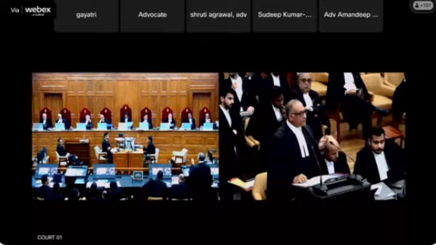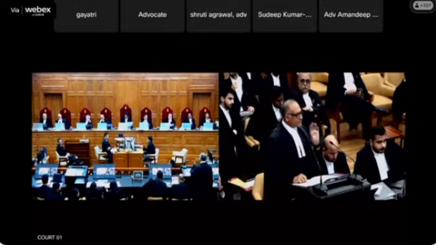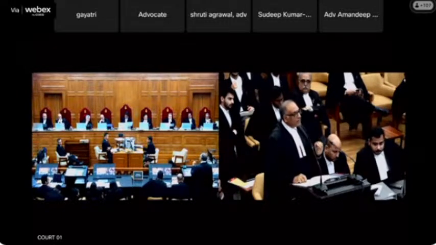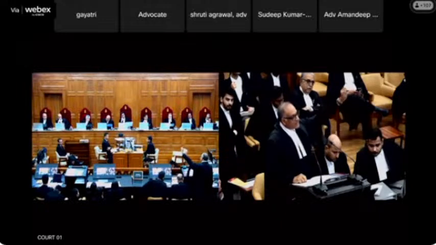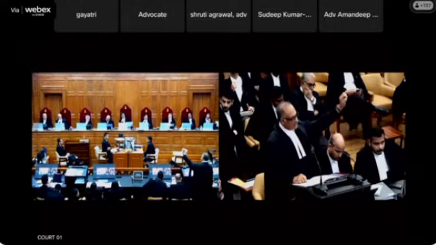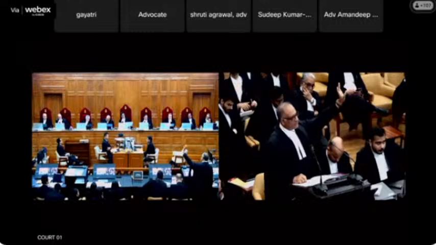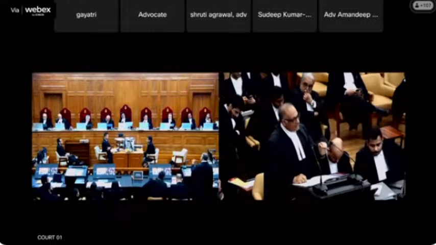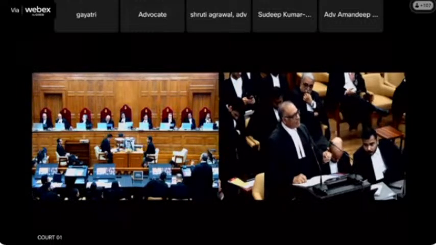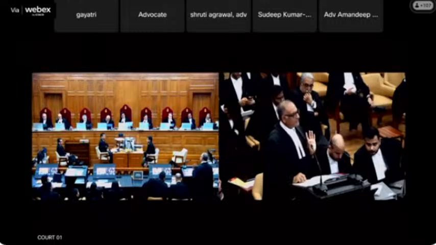Now, my lord, the difference between Hingir Rampur and Tulok was very simple. Hingir Rampur dealt with a legislation where the declaration was a pre-constitutional declaration by the central government, whereas the state legislation came in after independence.